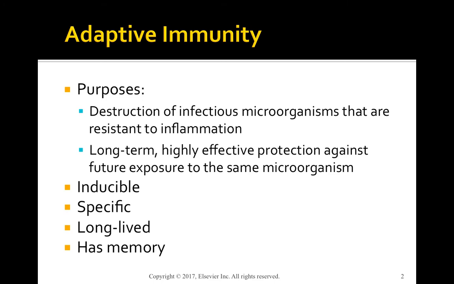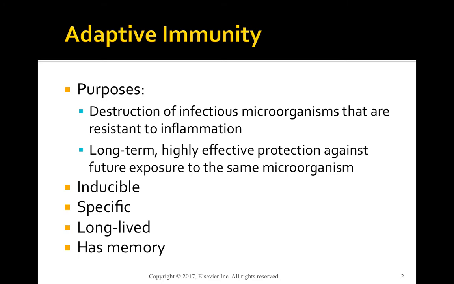And these antibodies and antigens can be either actively or passively acquired. In active immunity or acquisition, it means that you have either been exposed to the microorganism or you have received immunization, which has provided you a controlled exposure to the microorganism.